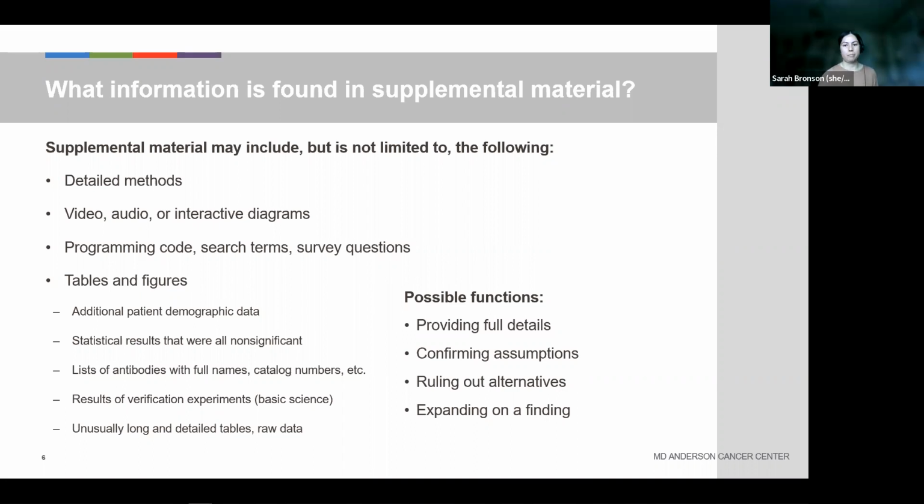Or perhaps reviewers had a concern that maybe what's actually going on here was this and not what you say it is. So this can be a good space to lay reviewers' concerns to rest, showing an alternative pathway is not in play, or there isn't an off-target effect that's raising an issue.